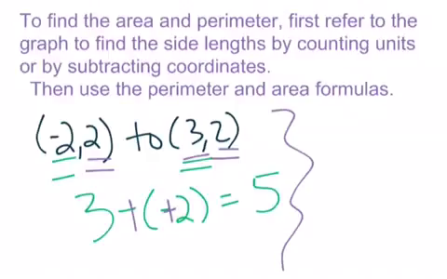For your vertical side length, let's pick one. On all of your vertical line segments, your x values will be the same, so then you're going to subtract your y values.